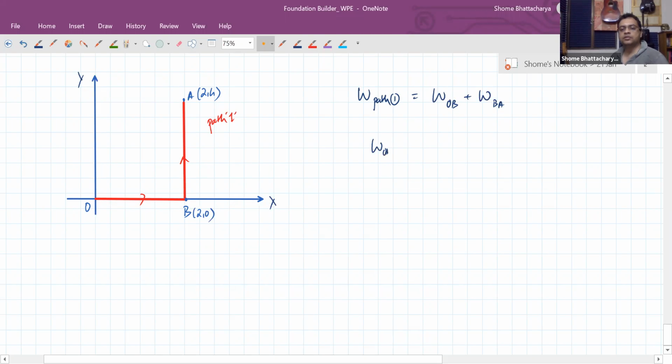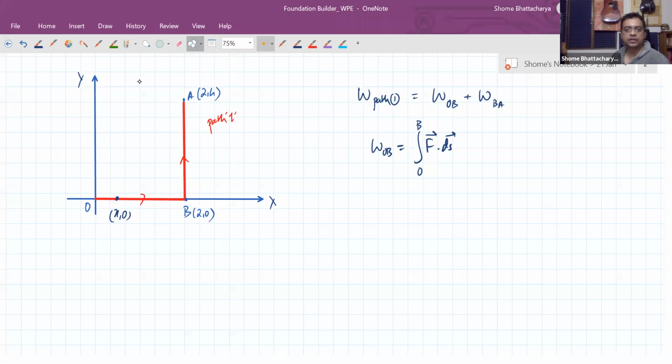So how to calculate the work done from O to B? For that we have to do the integration of F dot ds from the origin to the point B. Now obviously F is a variable force. When the particle is at some general point, where its x coordinate is some x but its y coordinate is 0, let's understand how much force is acting on it.